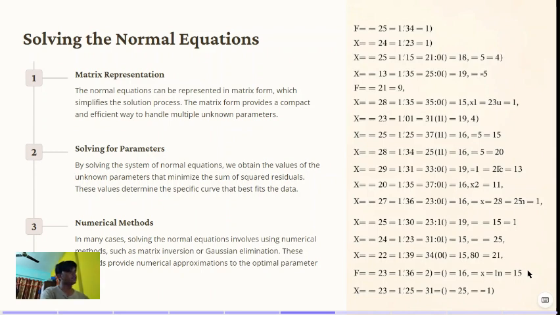These values determine the specific curve that best fits the data. Numerical methods. In many cases, solving the normal equations involves using numerical methods such as matrix inversion or Gaussian elimination. These methods provide numerical approximations to the optimal parameter values.